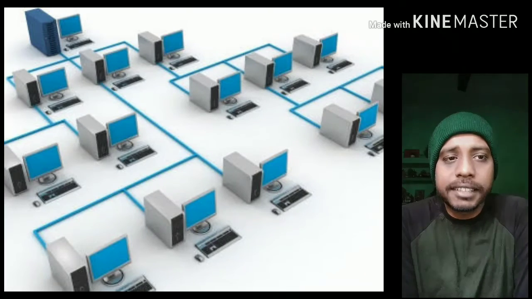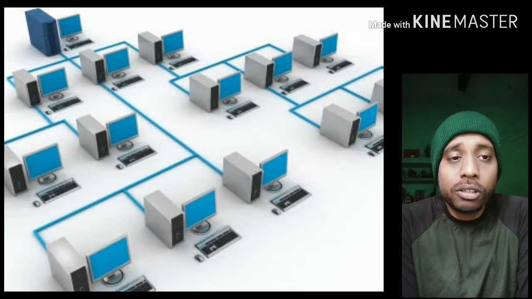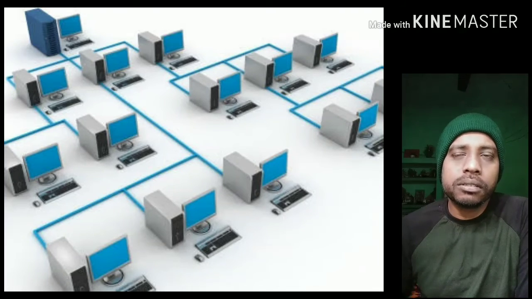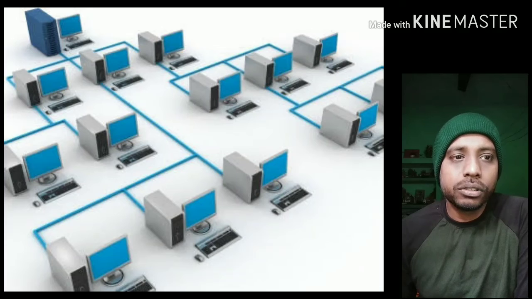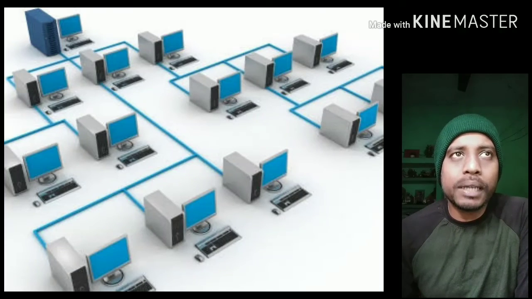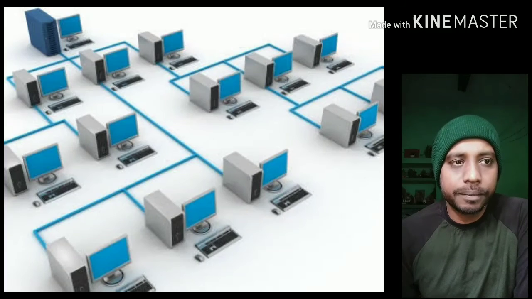Now come to 1960. The technology had evolved a lot, and there was a need to connect different computers, or connect computers at different locations. So a new term came into existence, called network.